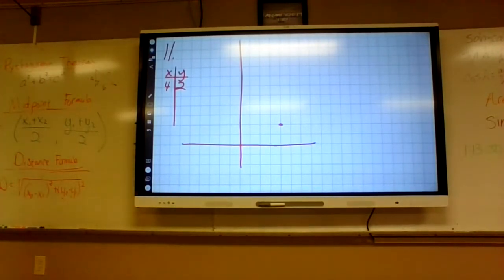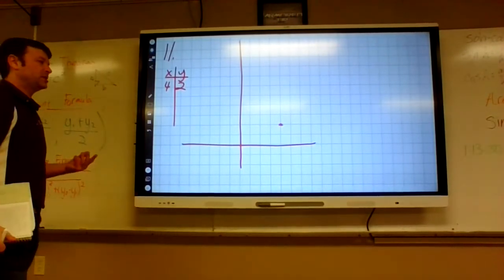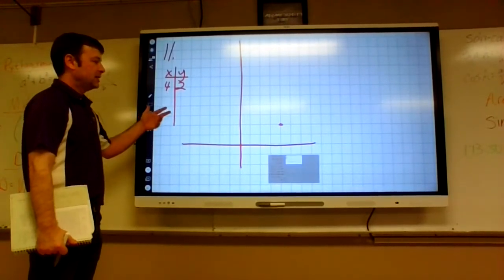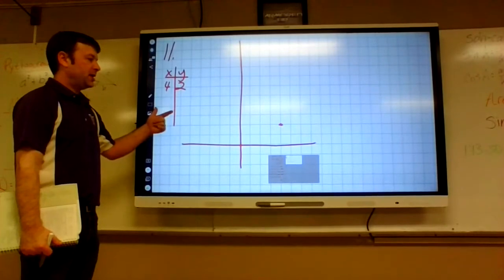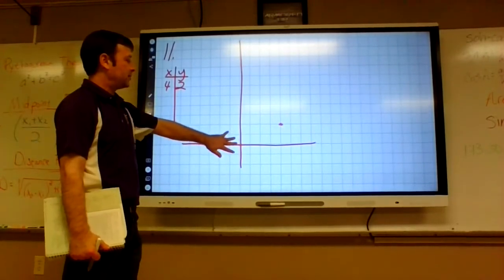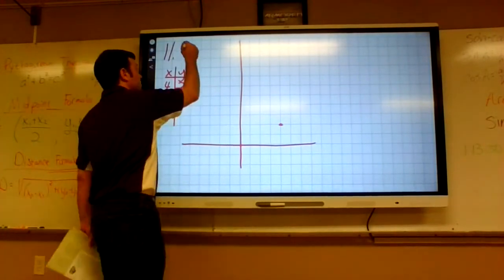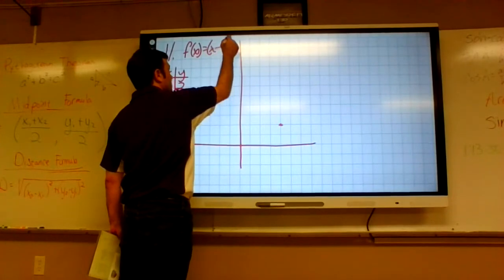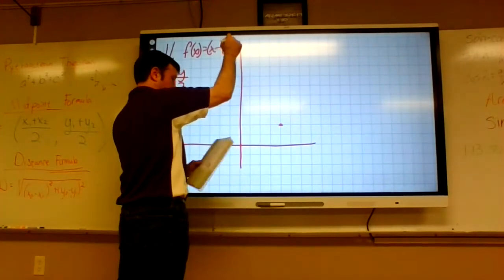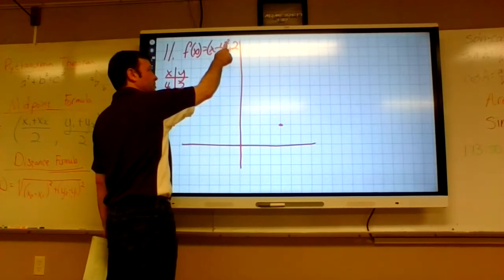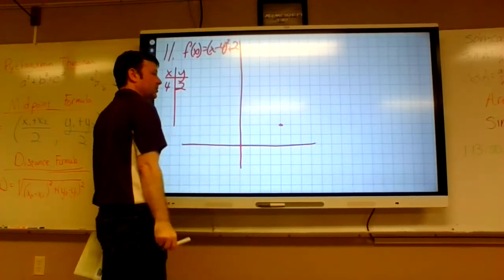Now yesterday we just plugged in 1 and 2 for the x values. Probably don't want to do that today, because what would happen if I plugged in 0? If I plug in 0, I get 0 minus 4, negative 4 squared is 16, plus 2 is 18. 0, 18.